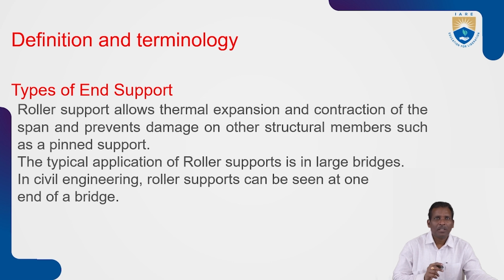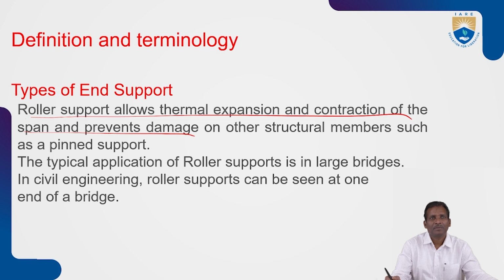So the roller support allows thermal expansion and contraction of the span and prevents damage to other structural members, such as a pinned support. The typical application of roller supports is in large bridges in civil engineering.